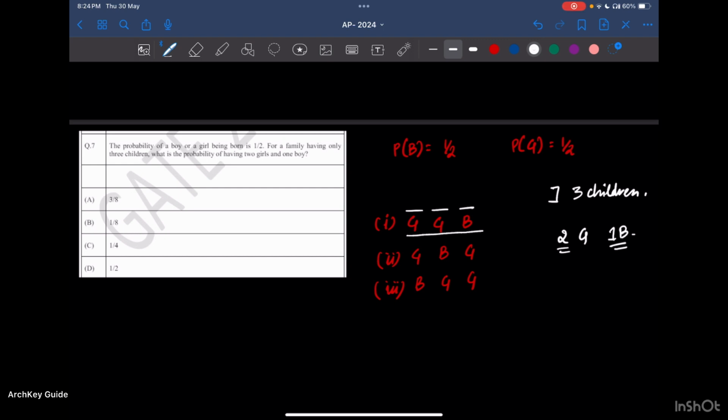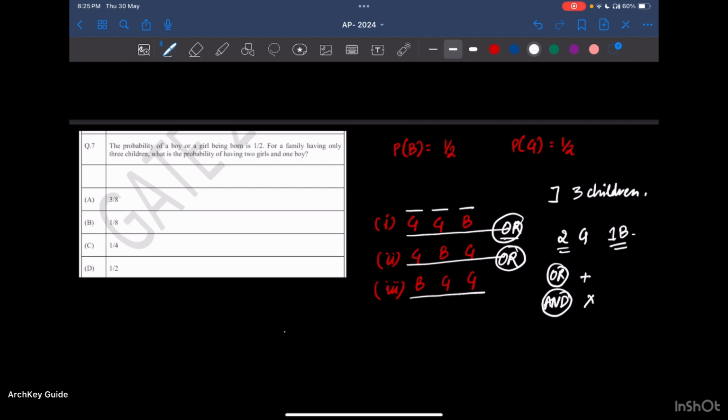Either this might have happened, or this might have happened, or this might have happened. When I say or, as I stated earlier, it's going to be plus. When I say and, it's going to be a multiplication. Fine. So you understood the logic between why I'm saying or here in this case? Because the sequence can have a different possibility. It's not mandatory, because they are not going to have six children. Fine. So three children, these are the possibilities.